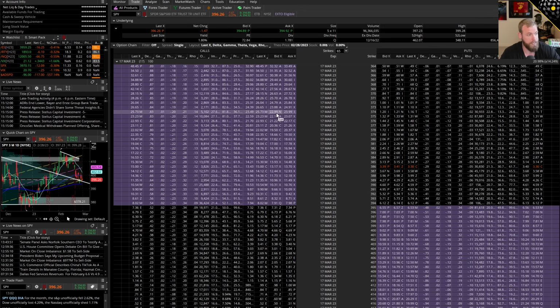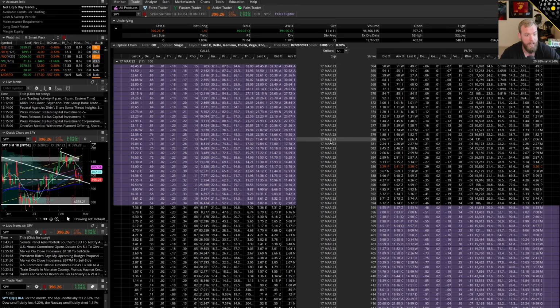So to bring this example to full swing, to give you an idea, if you had bought the 380 call, it means that you have the right to buy SPY at 380, even though it's already trading at 396. So it means that you're buying it $16 cheaper than where it is now. That's why there's a premium associated with each option, because otherwise it would be arbitrage, right?